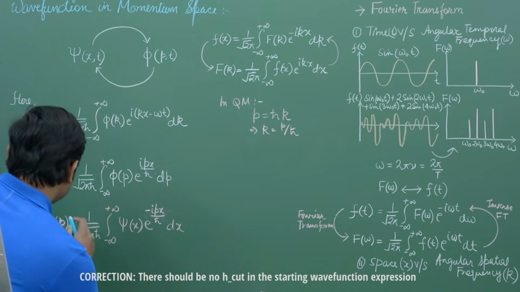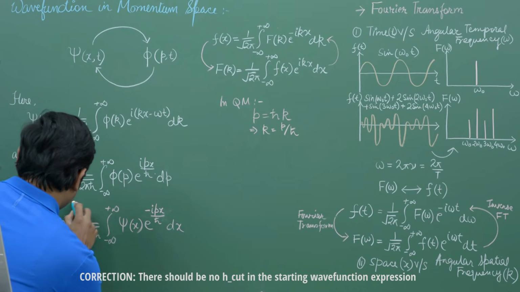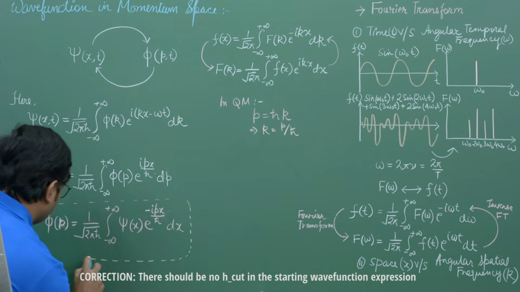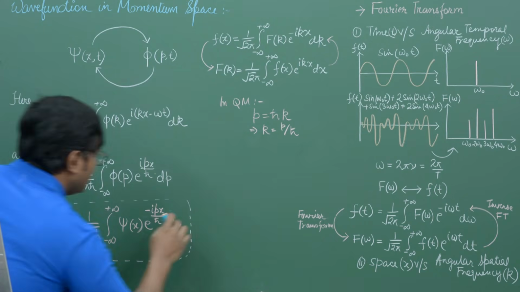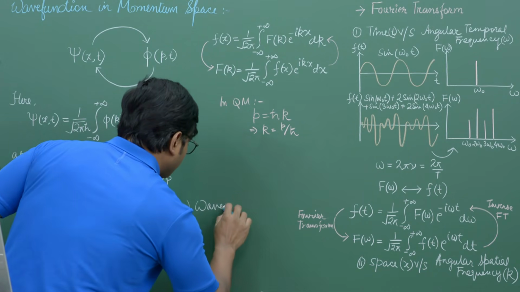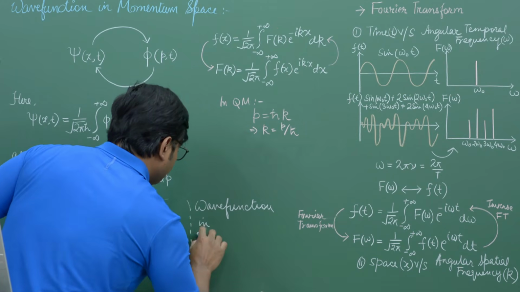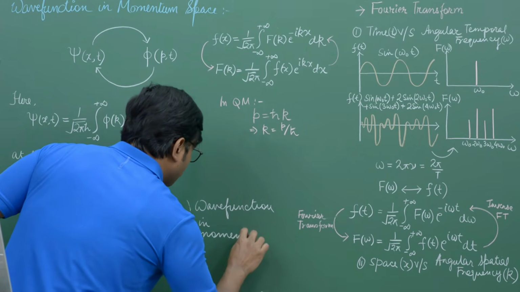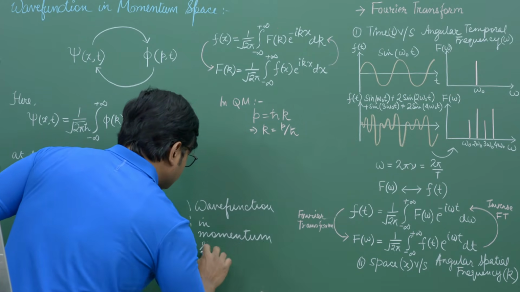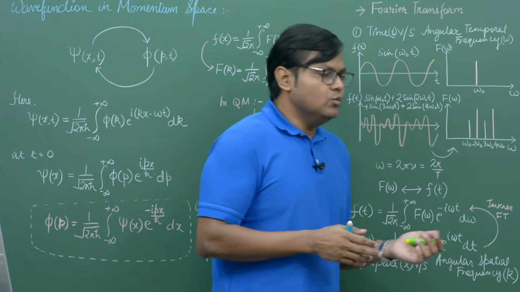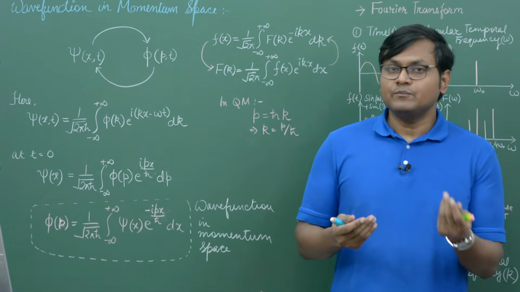So this is the wave function in momentum space. As the particle evolves in the quantum mechanical world, we don't really know its exact position.